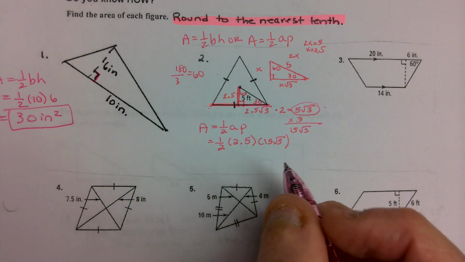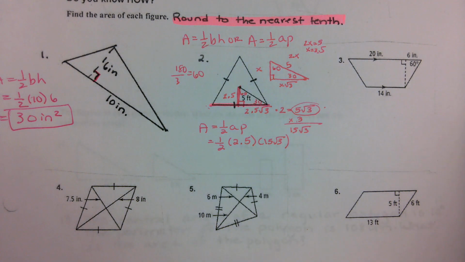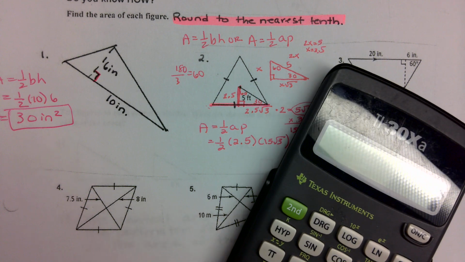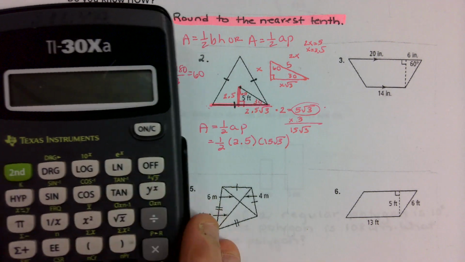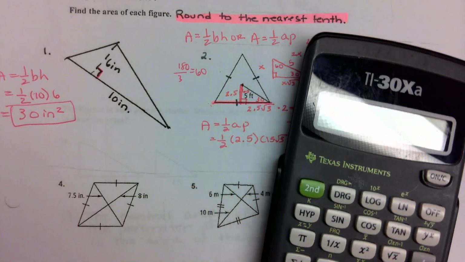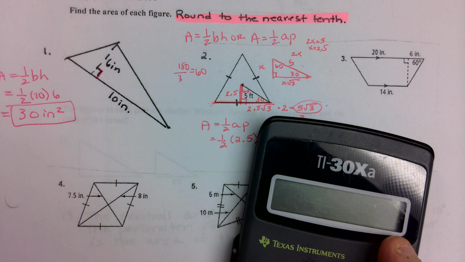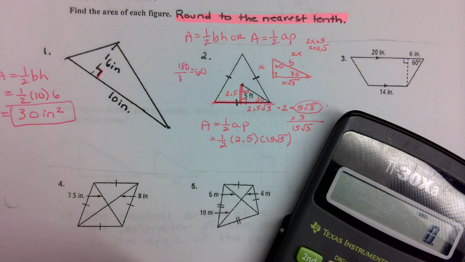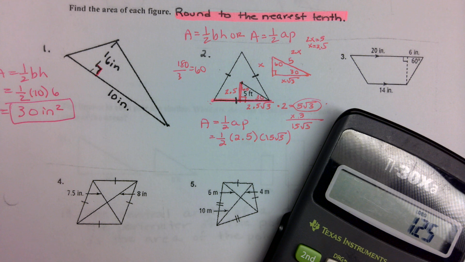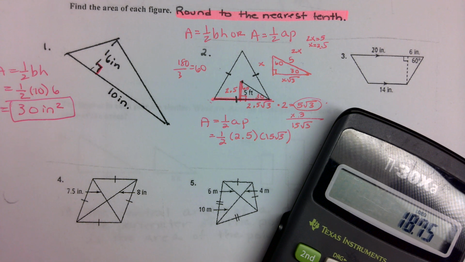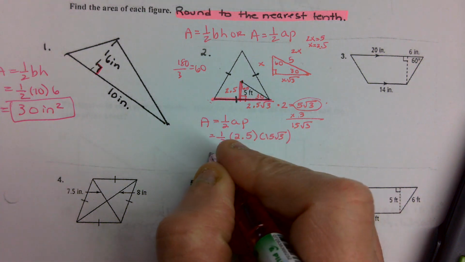So now we need to do it to the nearest tenth. I'm going to grab my calculator here. So I have a half, so 0.5 times 2.5 times 15 times 3 square root, equals 32.5.